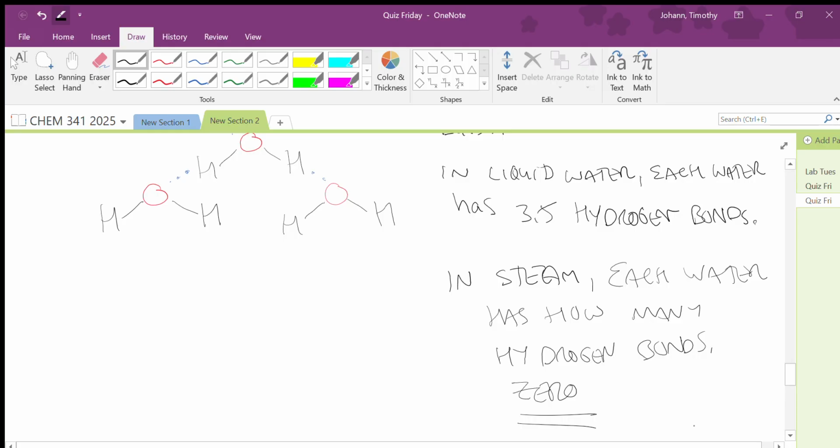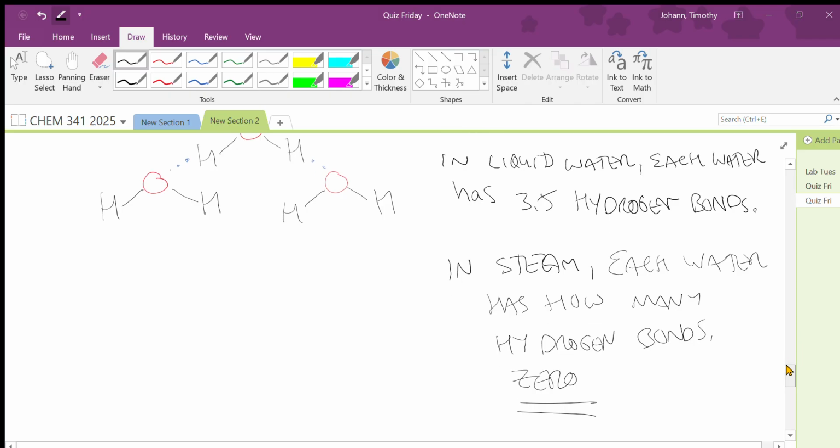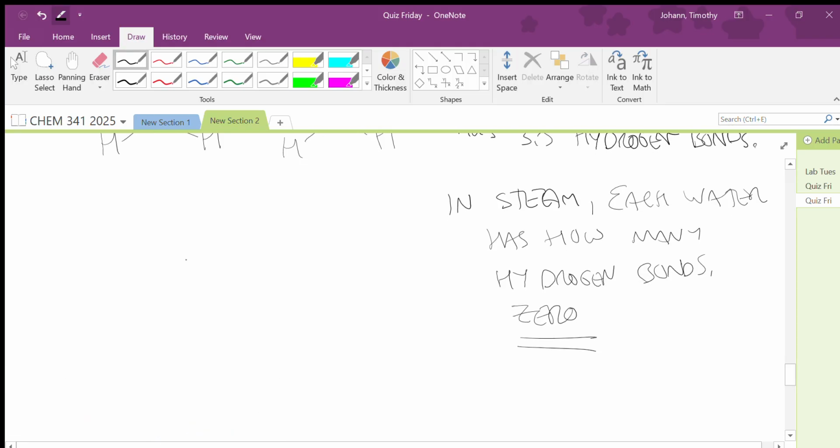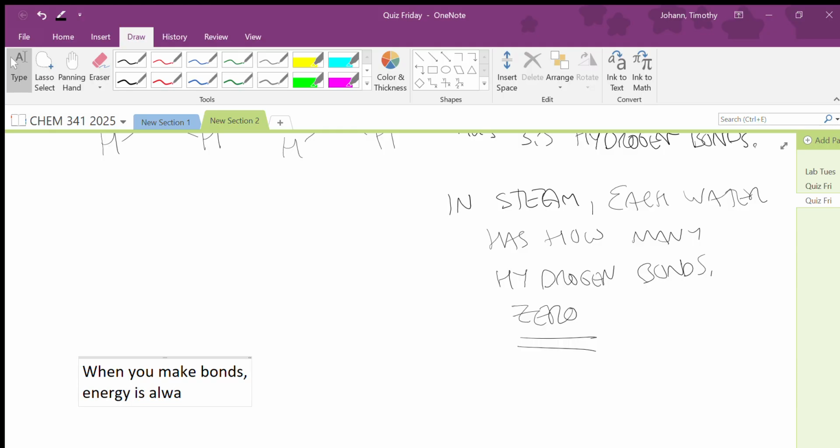That actually brings up a good point. I want to stress something that will always be the case in chemistry, not everything I can always say is true. When you make bonds, I'm making hydrogen bonds when the waters come back together, energy is always released.